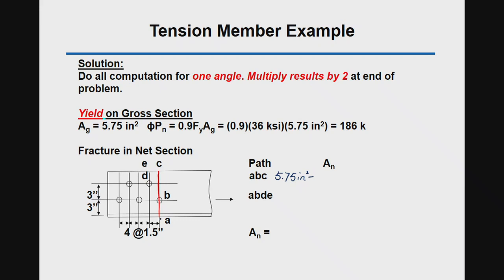Along the path ABC, there is one hole. The diameter of the hole is 7/8 inches plus 1/8 inches, times the thickness, 1/2 inch, which gives 5.25 square inches.